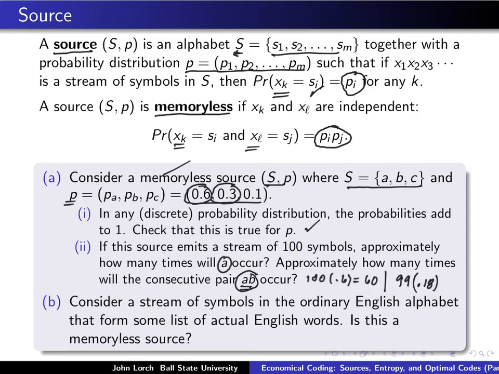All right, now part B of the question is to consider a stream of symbols in the ordinary English alphabet. So here we're throwing the abstract alphabet over our shoulder, and we're replacing it with the ordinary English alphabet, A through Z, and we're considering English words in the English alphabet. Is that a memoryless source?